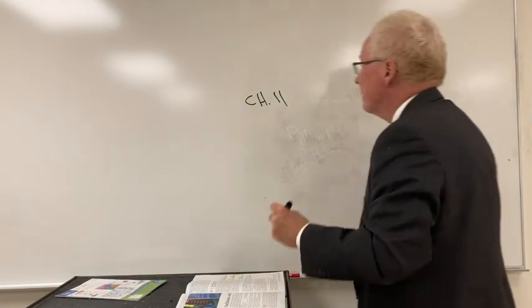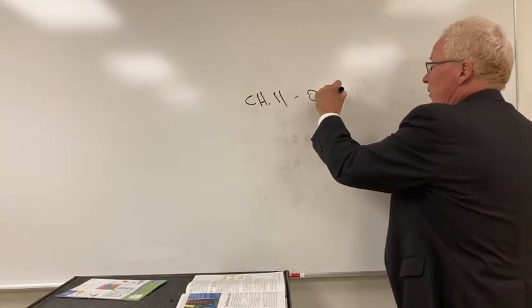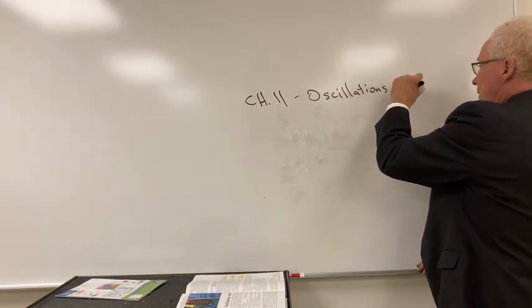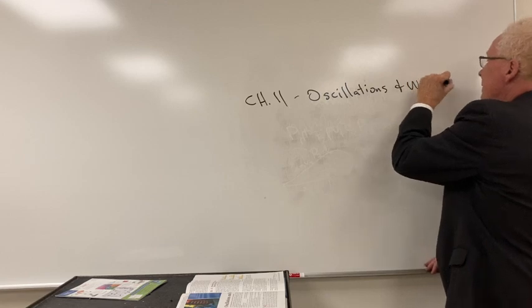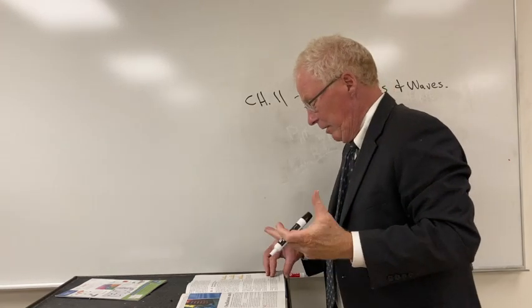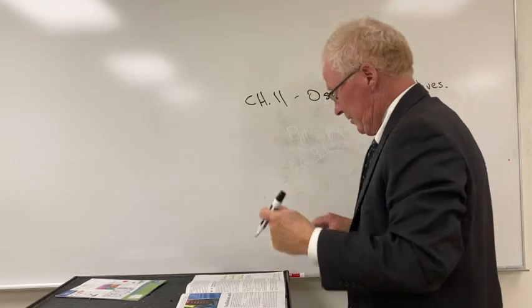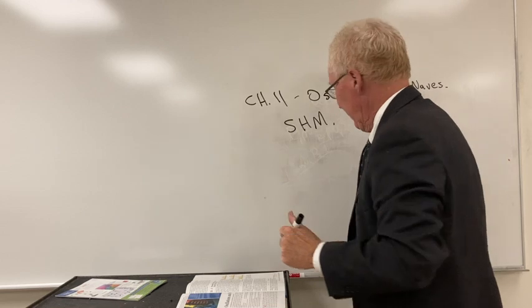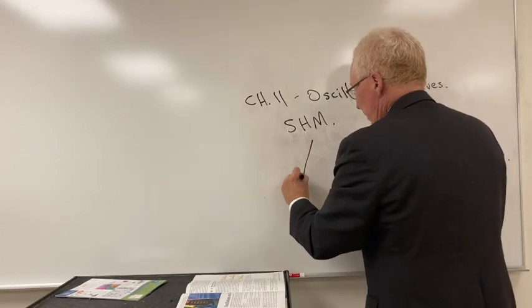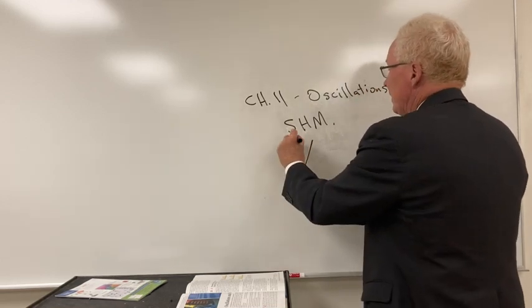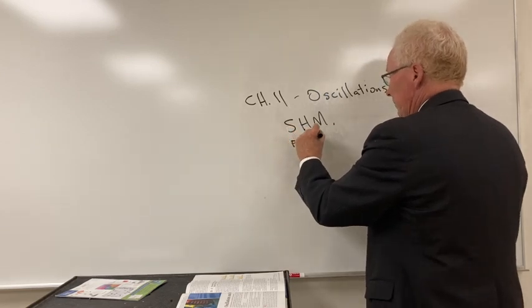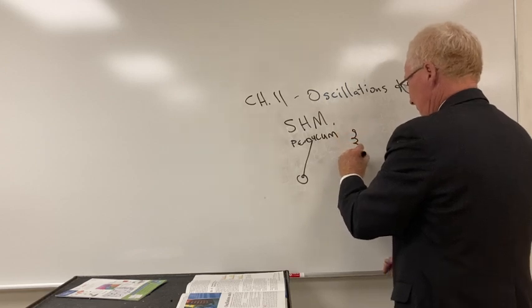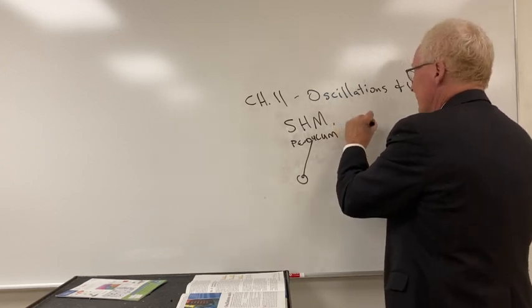All right, chapter 11 is oscillation and waves. For that we have simple harmonic motion, SHM, and that's either for a pendulum, which we talked about, or an oscillating spring.